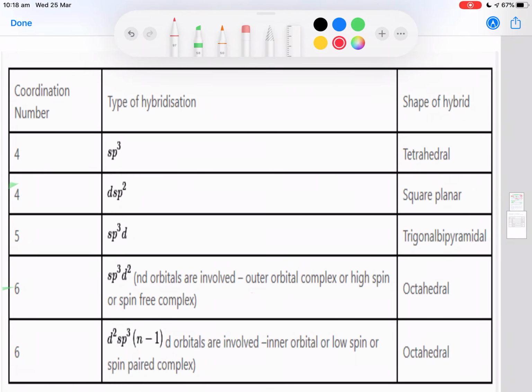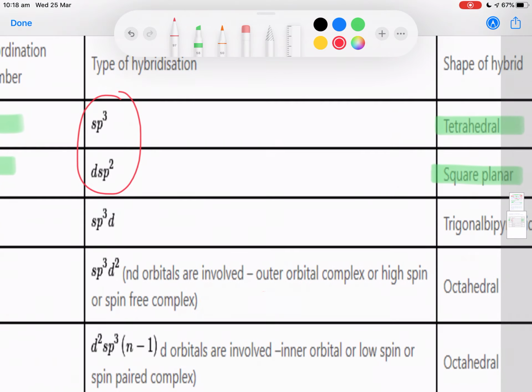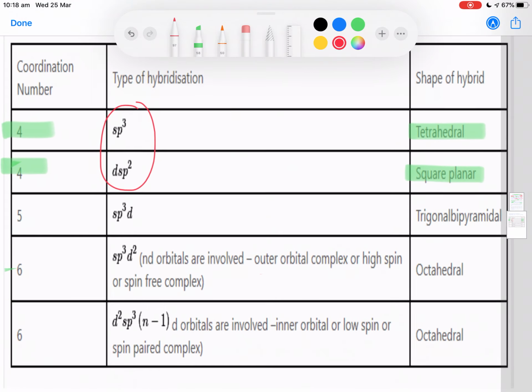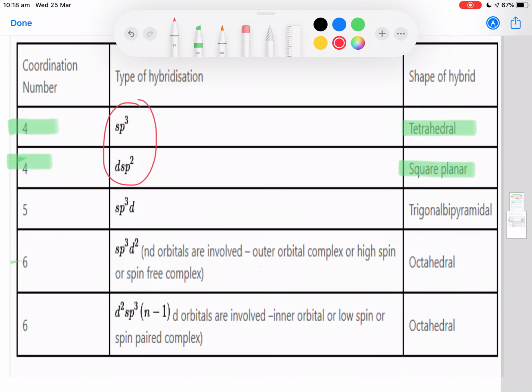Okay, if I say the coordination number is 4, the shape could be tetrahedral or square planar. When will it be tetrahedral, and in the other condition when will it be square planar, that depends upon hybridization. So if the hybridization is sp3, it's tetrahedral, whereas if the hybridization is dsp2, it's square planar.